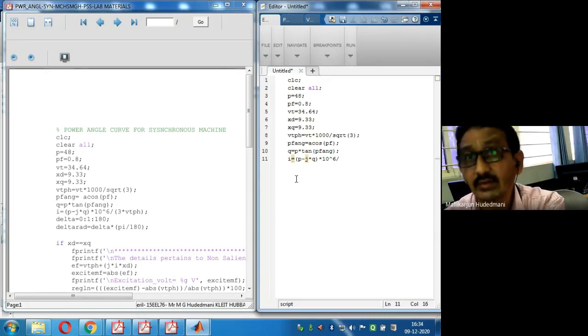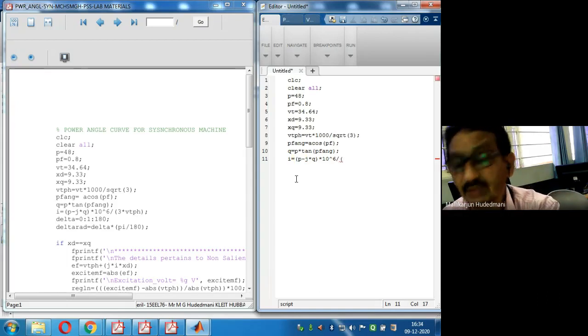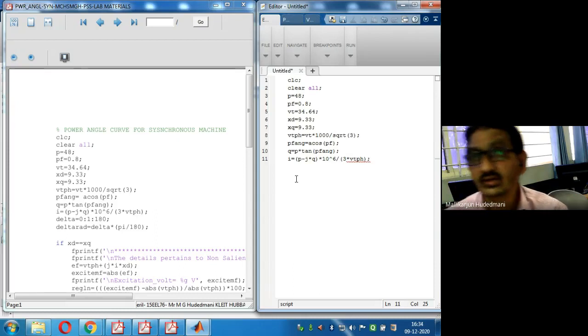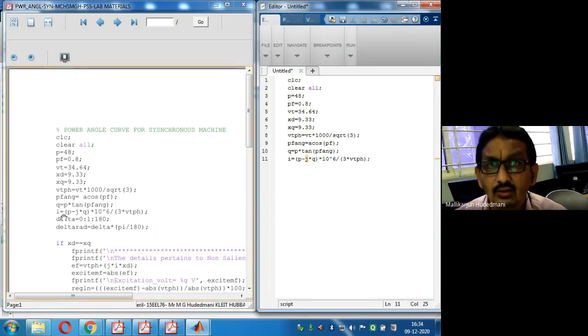This divided by, I open a bracket, 3 star VTPH. Complete the bracket. Exactly this line, letter by letter, I reproduce here: P minus JQ into 10 to the power 6 divided by 3 into VTPH semicolon. I complete it.